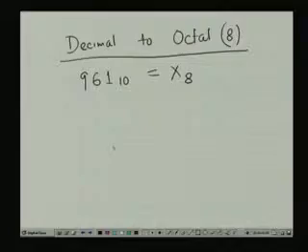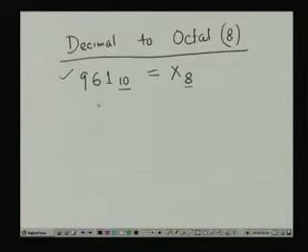Now we see how we can convert the decimal number system to octal. Decimal means the base is 10 and octal means the base is 8. If I take an example, say 961, what will it be in octal, where the base is 8? So, what was our general rule?